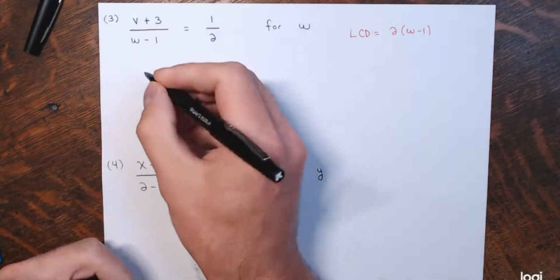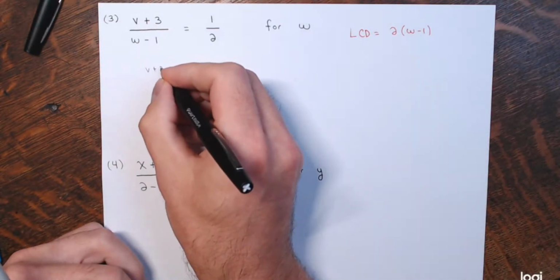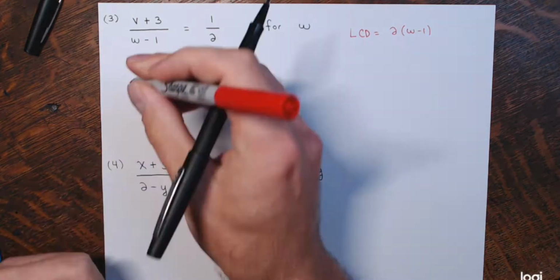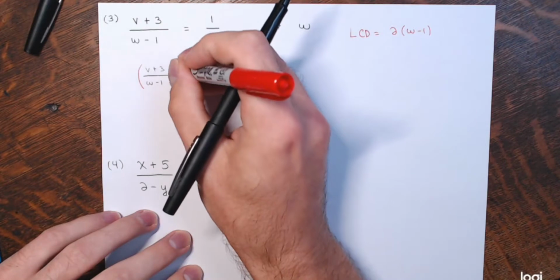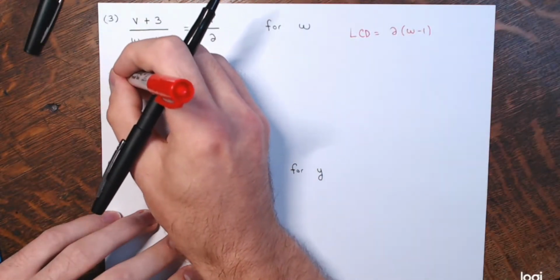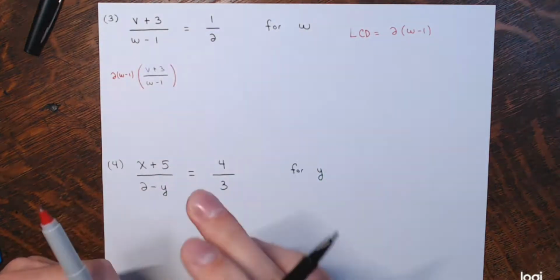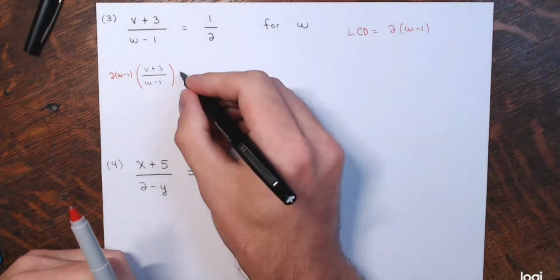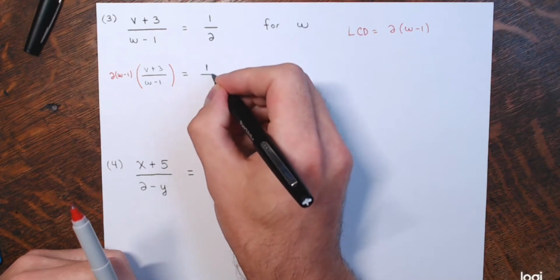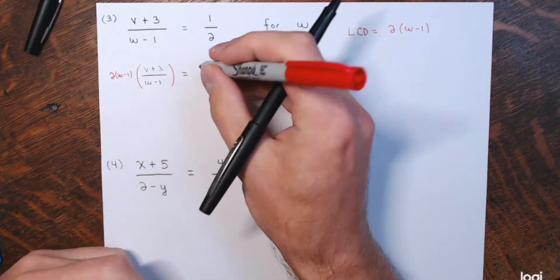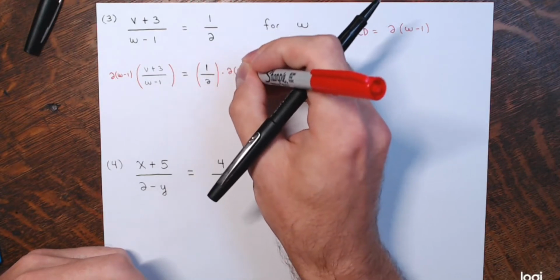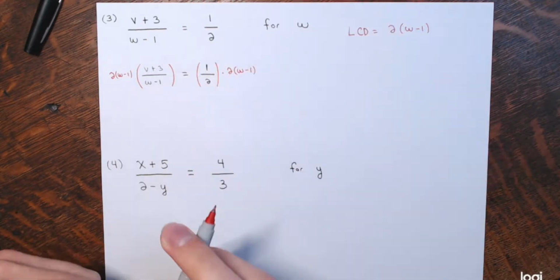Alright, so I'm taking both sides and multiplying both sides by this LCD. So there's the left side times the LCD, and the same thing with the right side, 1/2, taking that fraction times the LCD, 2 times the quantity w minus 1.